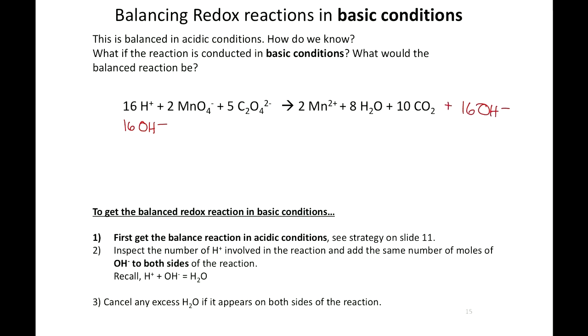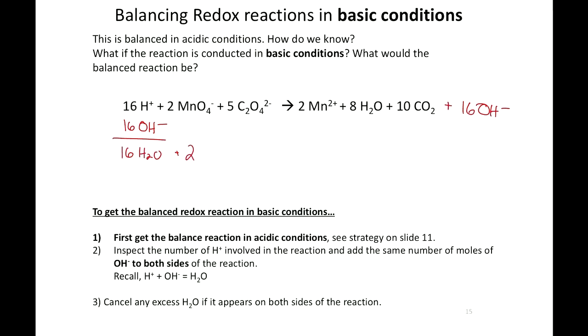So if I mix together 16 equivalents of H+ and 16 equivalents of hydroxide, what will I get? Water, but how many? 16, yes. So these two things, when you add them up, react, and now you have 16 waters, H2O, plus everything else.